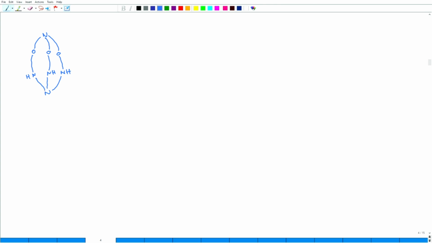In this cartoon I will write the compound only once, and then I will say that this is the cartoon, this is the compound.